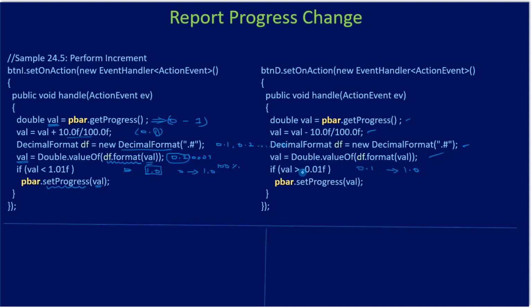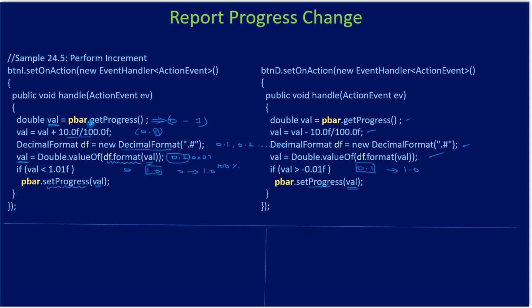So it won't go beyond 0.1. That's what we are checking here, because here we are doing the decrement, right? And then with setProgress, we are setting the value.